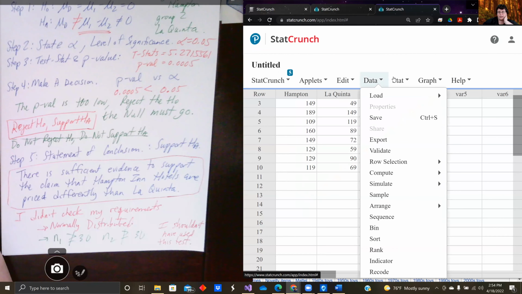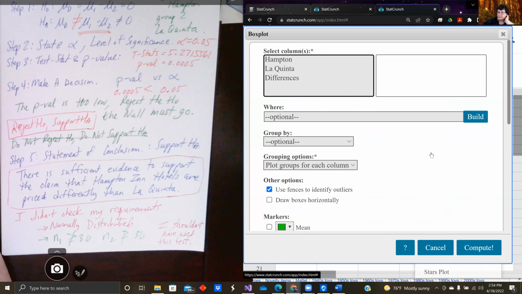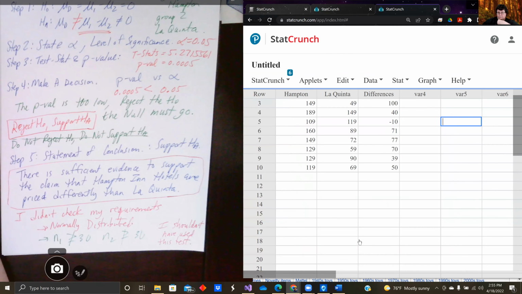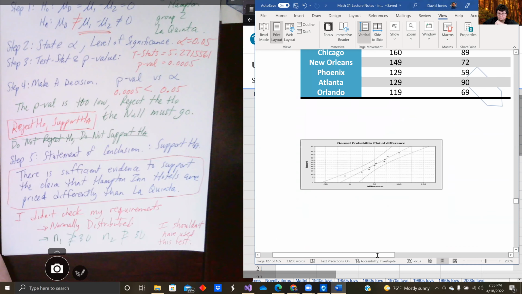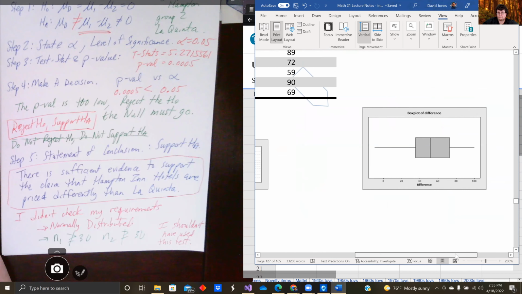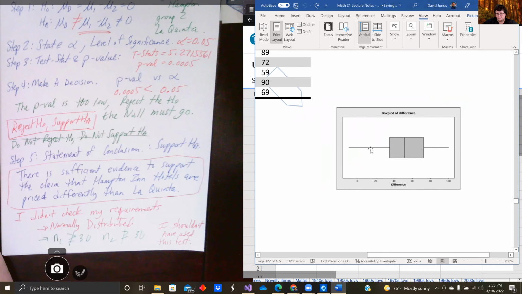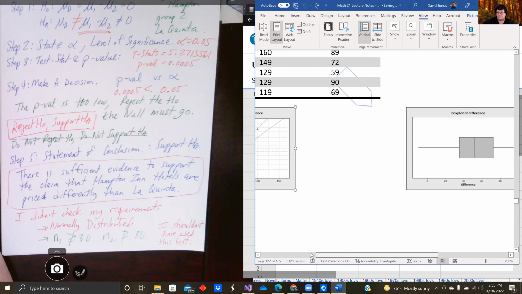And if we do a box plot on that one, yeah, there's still an outlier. Undo. There we go. How does it not show an outlier on this one? I don't understand. We have an outlier on this one.